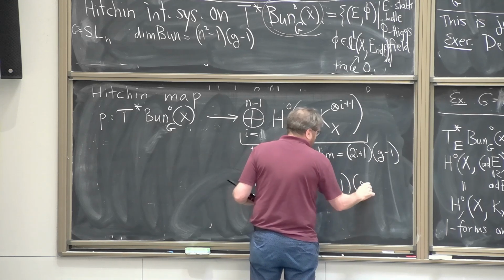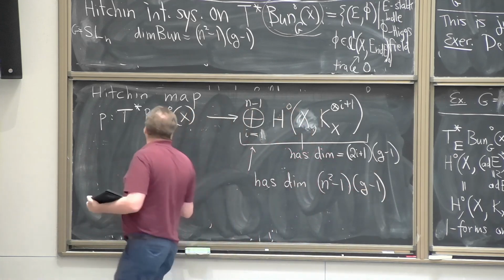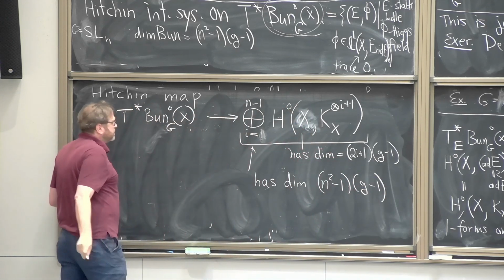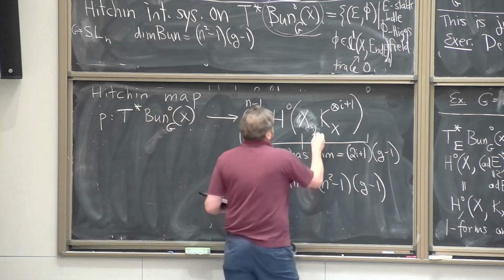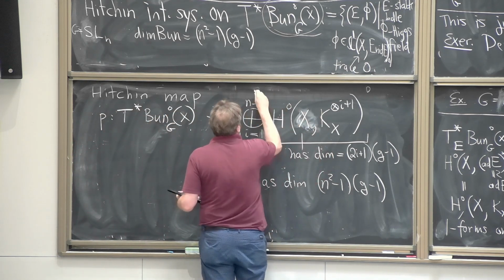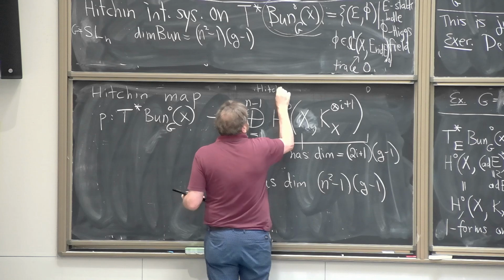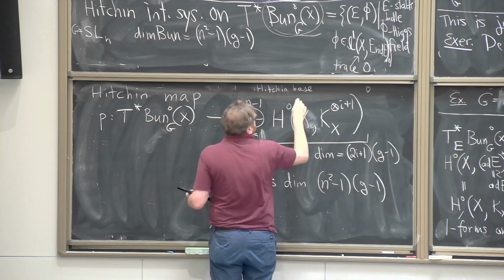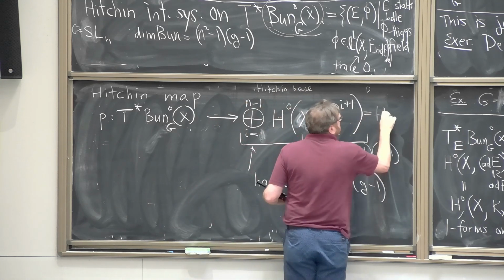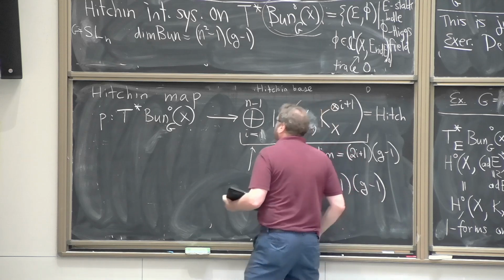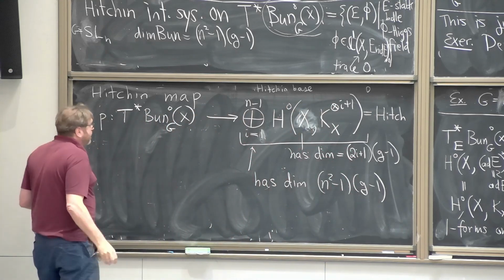So we get (n squared minus 1)(g minus 1). That's exactly what we need. It's the same as the dimension of this thing. And this space is called the Hitchin base, usually denoted Hitch. So it's a vector space.